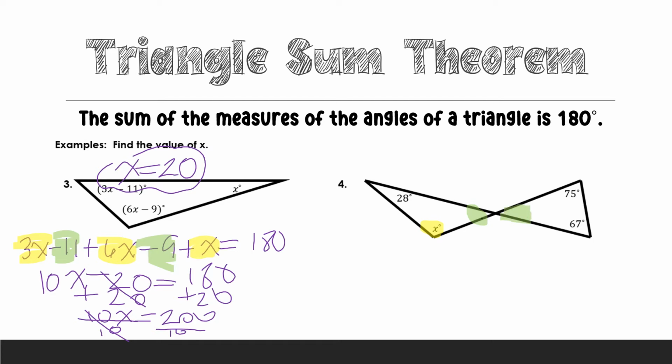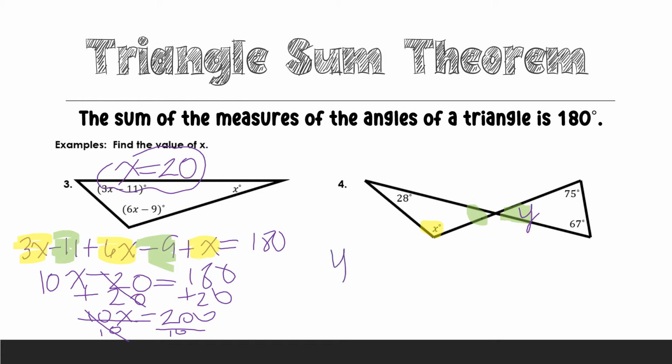So if I can find that angle, then I can find the vertical angle, and then I can find x. I'm going to concentrate on the triangle that's on the right side of this picture. It has two angles that are 75 and 67, so I'm going to label this angle y just to make things easier. I'm going to find y first.